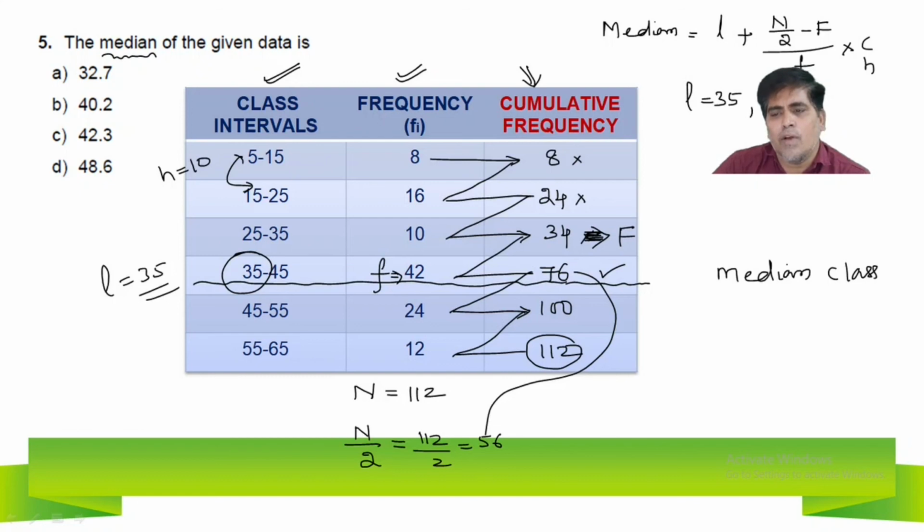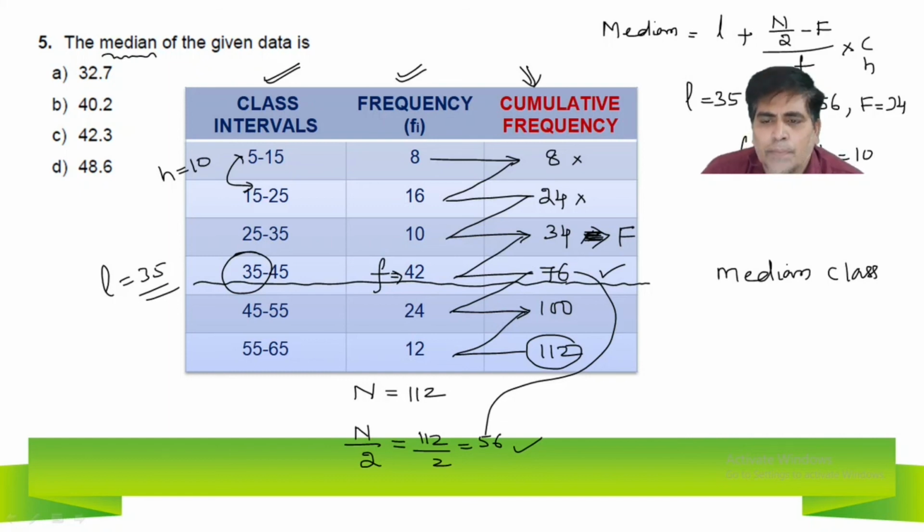Next, n by 2 value, total number of frequency by 2, we got it as 56. Capital F, cumulative frequency of the preceding median class, is 34. Next, small f is nothing but the frequency of the median class, that is 42. And class length H is 10.